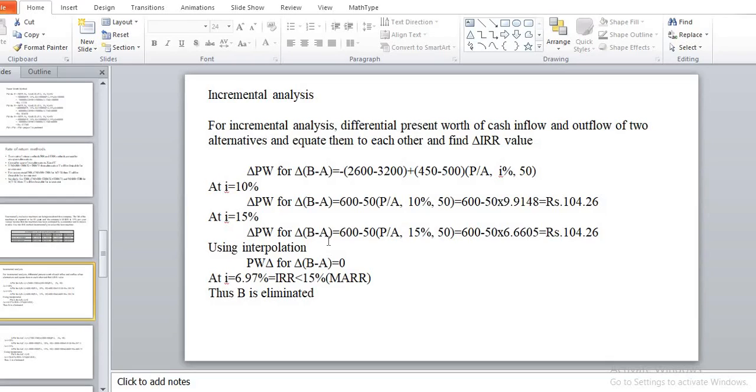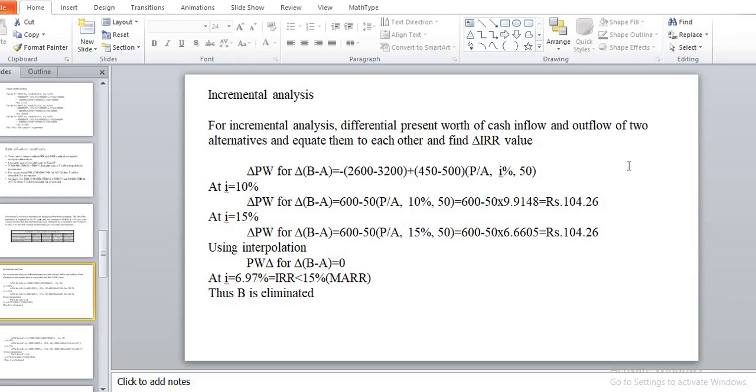In an internal rate of return problem the interest rate is not known to us, so we put the interest rate i as it is and write the formula first. Now the present worth formula for internal rate of return with the incremental case: the first element is an investment, and the second element is a revenue.